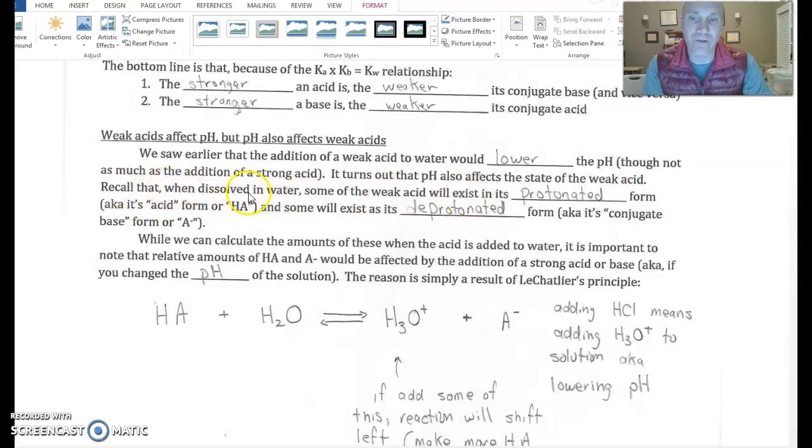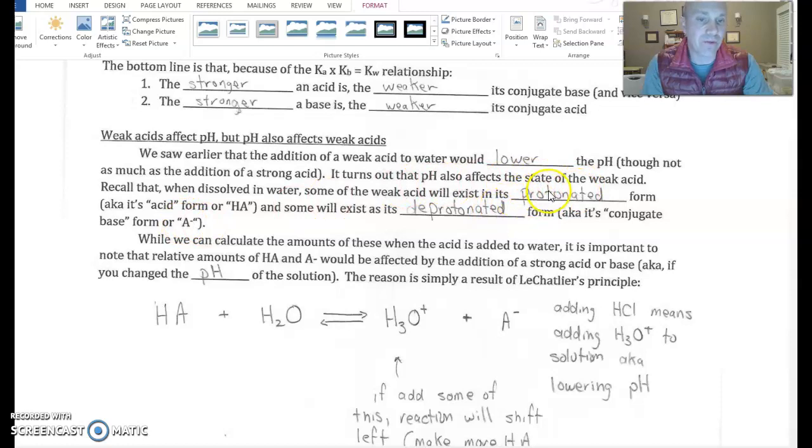Recall that whenever you've got a weak acid in water, some of the weak acid is going to be in its protonated form, which chemists will sometimes casually refer to as its acid form, or you could generically represent that as HA. And some of it is going to be in its deprotonated form, another term for which is the conjugate base of the acid, or you could say it's in its A- form.